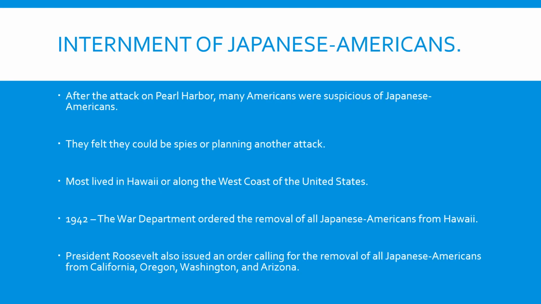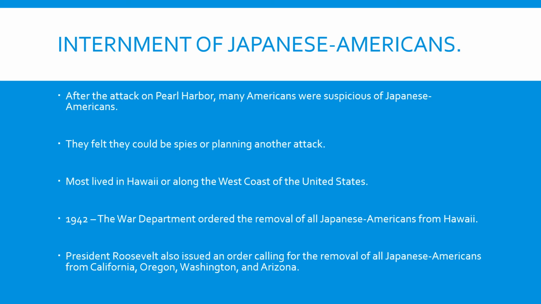So, the internment of Japanese Americans. After the attack on Pearl Harbor, many Americans were suspicious of Japanese Americans. They felt that maybe Japanese Americans were spies or planning another attack. Most Japanese Americans lived in Hawaii or along the western coast of the United States.